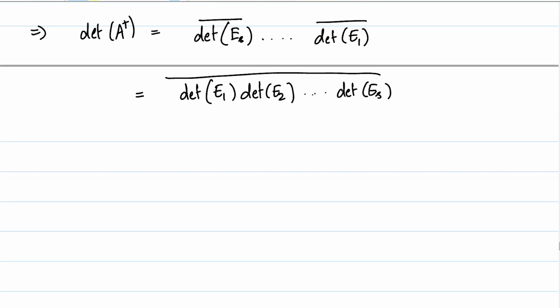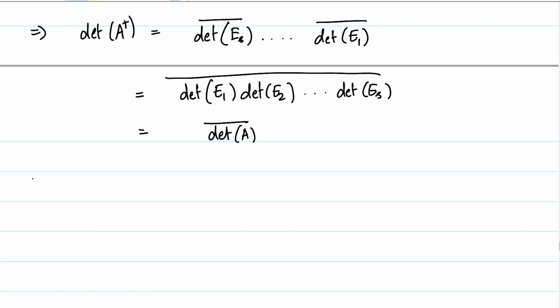But whatever is there inside is just the determinant of E_1, E_2 up to E_S, which is the determinant of A. So basically what we have concluded is that if A is invertible, then determinant of the adjoint of A will be the conjugate of the determinant of A. And if A is not invertible, then determinant of A and determinant of adjoint of A both are 0.